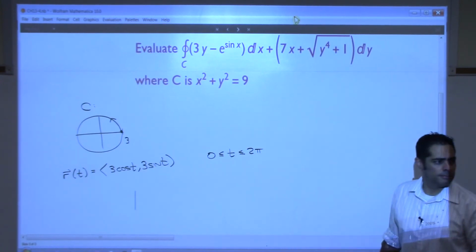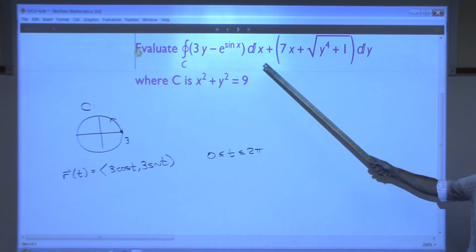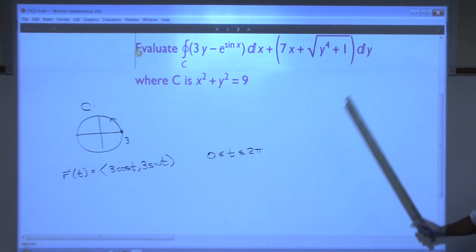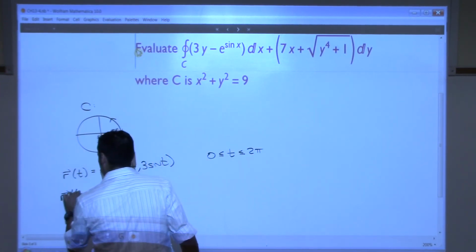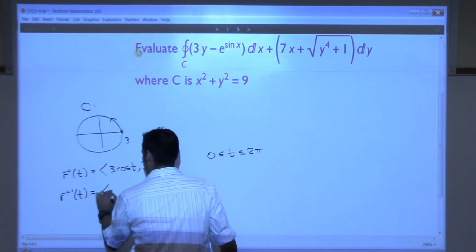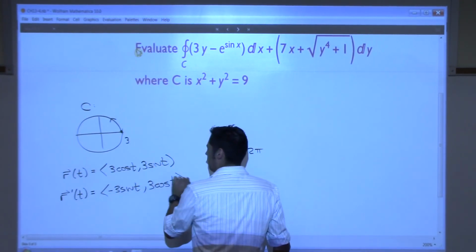That all okay? And we're going to need the derivative in there, aren't we? Because we have to put in dx and dy, so we've got to have derivatives. That's okay. I'm not intimidated by this yet. -3 sine t, 3 cosine t.